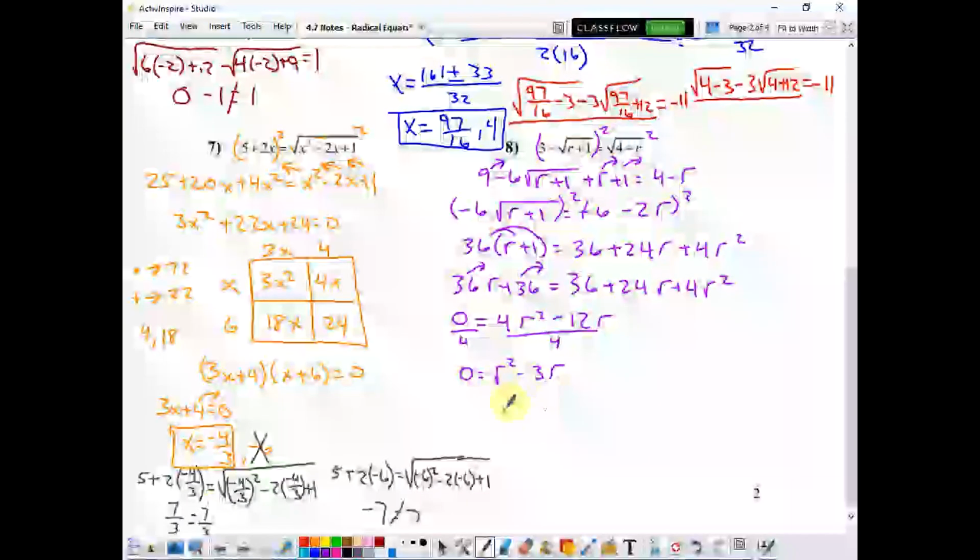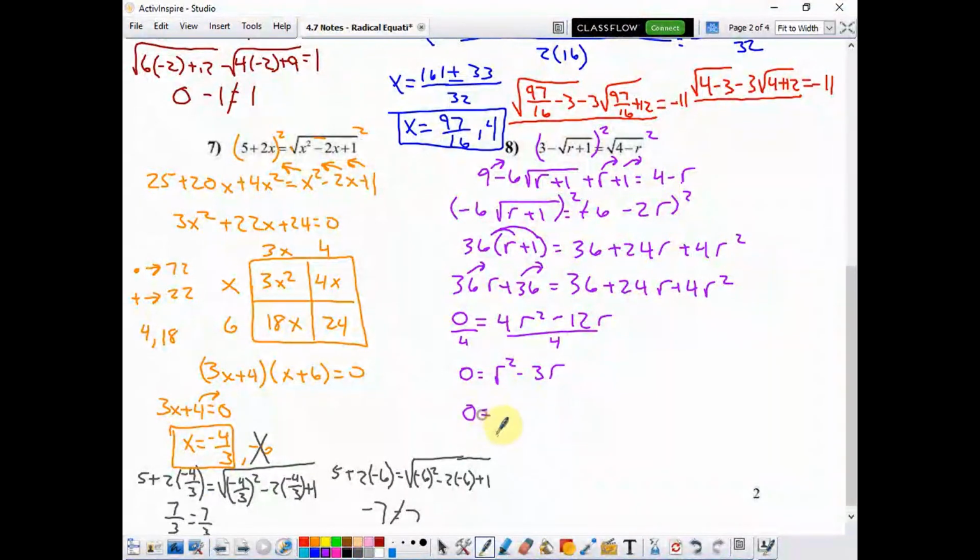I can factor out an r. And now I can get my two solutions. The value of r that makes this factor 0 is 0. The value of r that makes this factor 0 is 3. So I need to check a 0 and a 3.